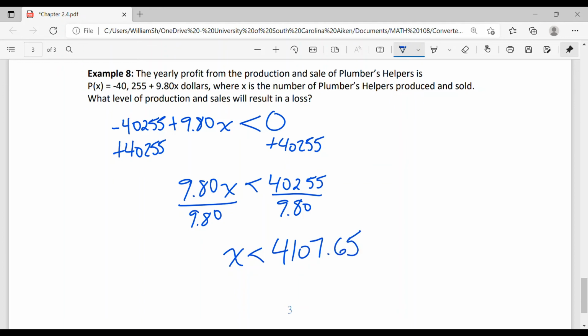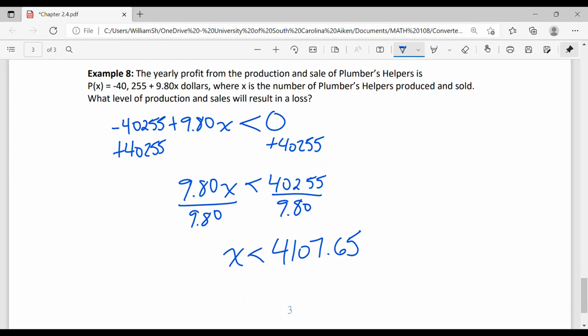So basically here, if he sells 4,107 or less of these plumber helpers, he really hasn't made any money, guys. And this is kind of where it goes into your domain when you have to think about it with a word problem as well.